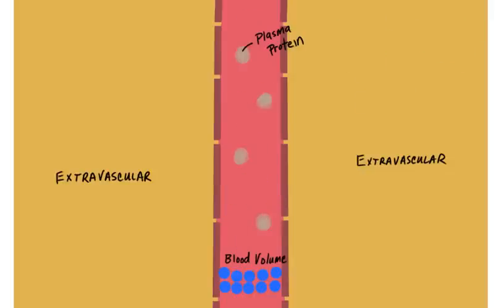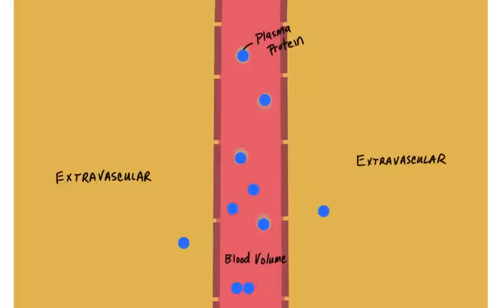In the final example, imagine this drug has moderate solubility, moderate lipophilicity, but it has high protein binding. So we inject the drug, and immediately it binds to every one of these proteins in the blood. Then we said it had a moderate solubility.